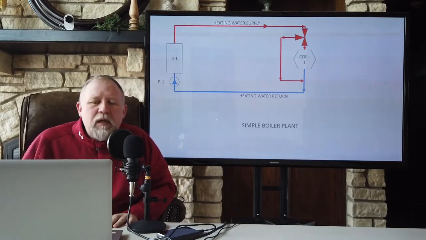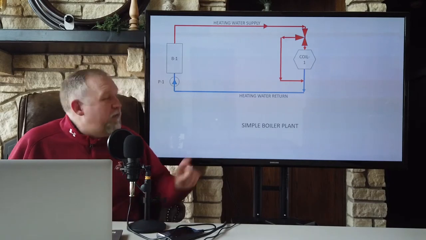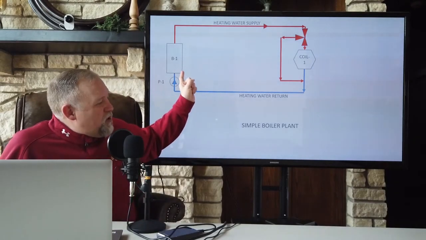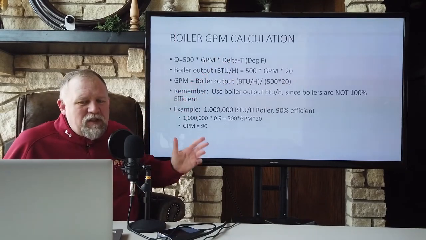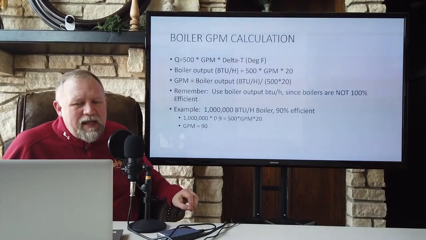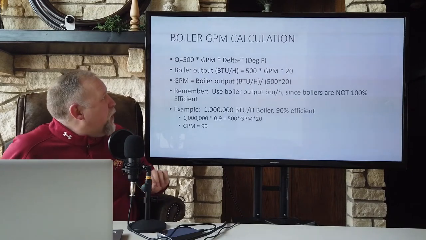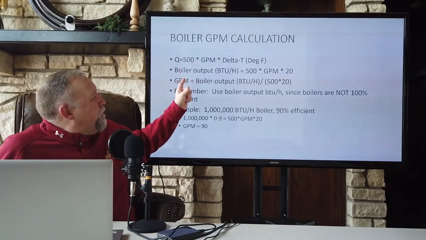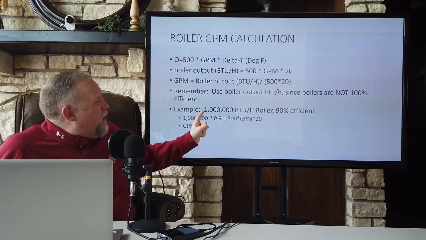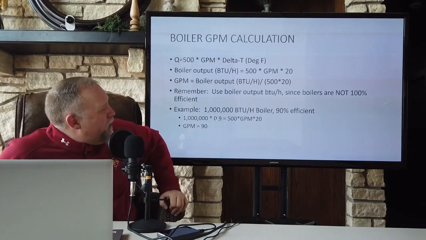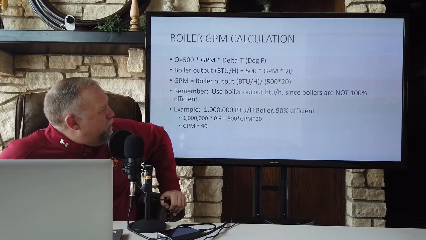All right. So knowing this, if we know the boiler efficiency and we know the delta T, my example here is let's just use a 20 degree delta T and a 90% efficient boiler. Okay. So we take 1 million, let's assume the boiler input is at 1 million BTU per hour.